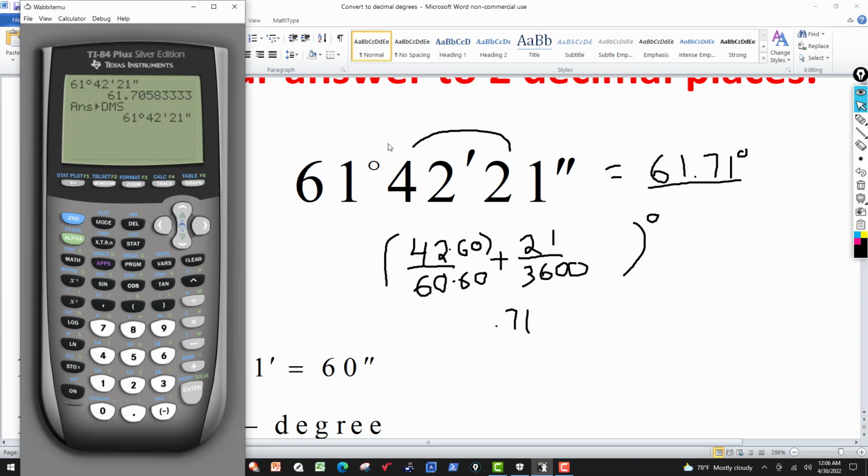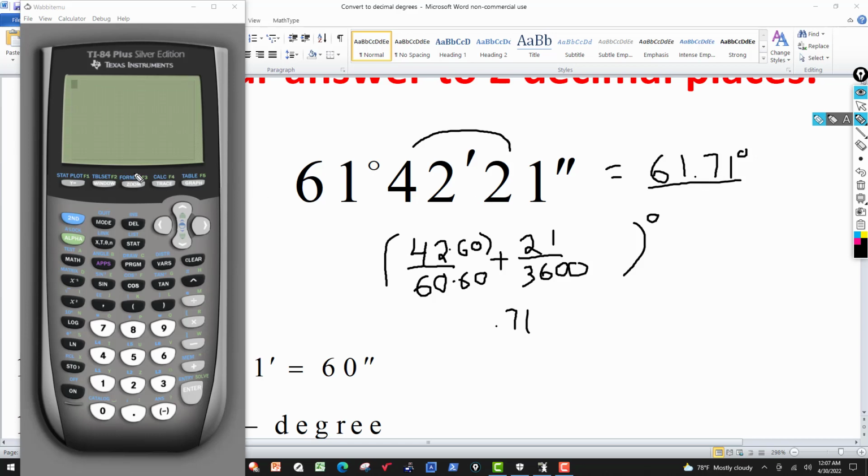And you can do it manually. Basically the same sort of thing, going backwards. So let's say you're given 61.71 degrees, and you want to convert to minutes.